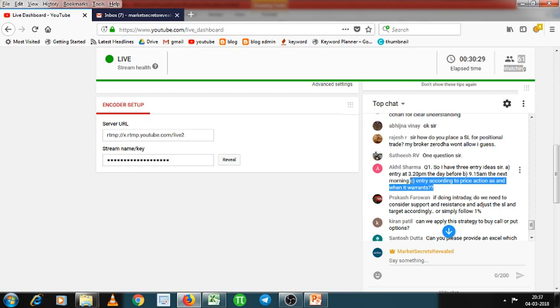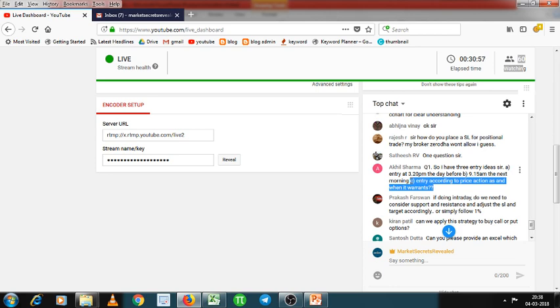For example, if the stock closes at 100, and your new 52-week low is at 99, you can wait for a 0.5% drop, which is 50 paise. So you could enter at 99.5.